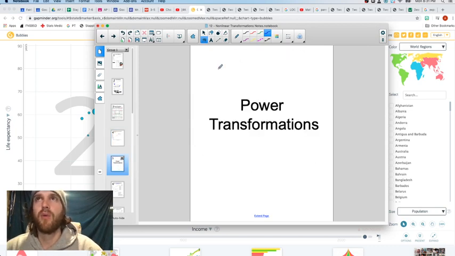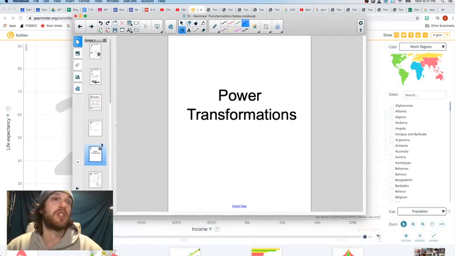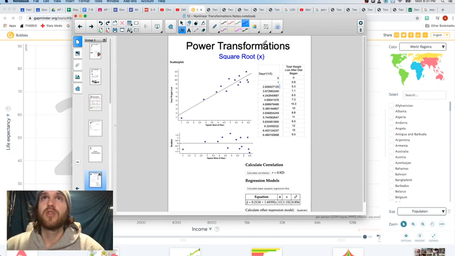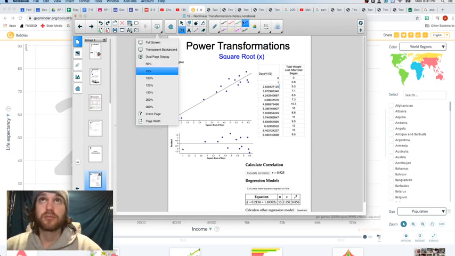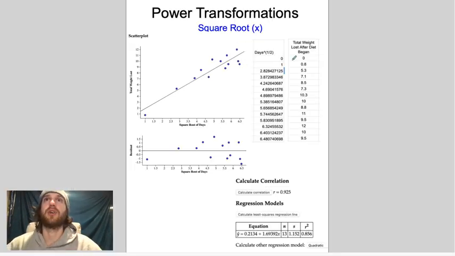So we're going to go over the power transformations first and how you make predictions with power transformations. The first one I'm going to look at is the square root. So what I did is I took all of the day data, that was just the days that I took my weight from after I started, and I took the square root of all of those values and I plotted them against the regular weight loss data.